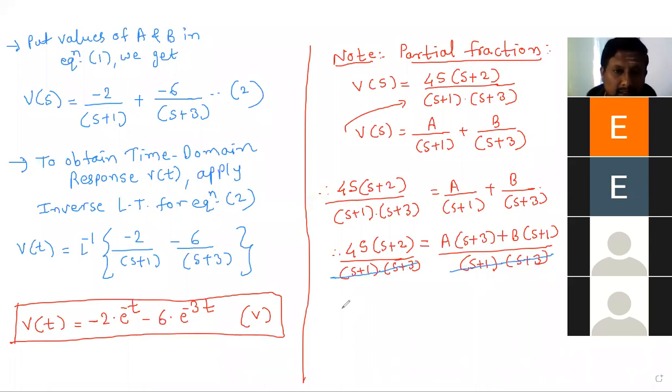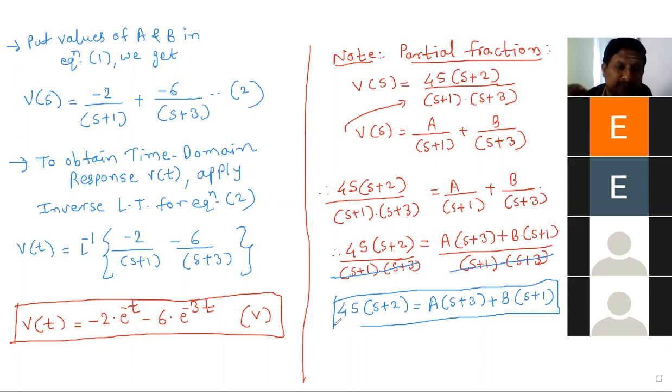So what is remaining: 4s into s plus 2 is equal to a into s plus 3 plus b into s plus 1. Okay, so this is your expression of the partial fraction now.